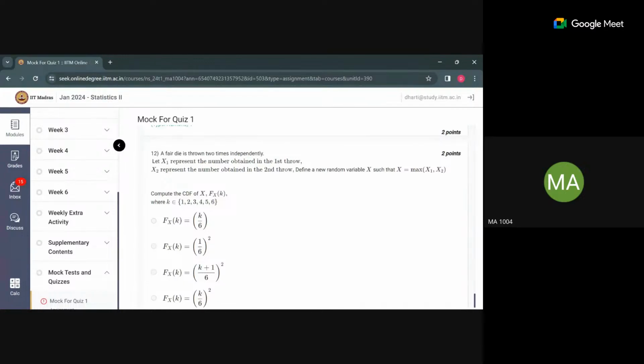Okay. Let's do it. Now it's a fair die and both the throws are independent of each other, right? So can you tell me what the joint PMF will be directly?